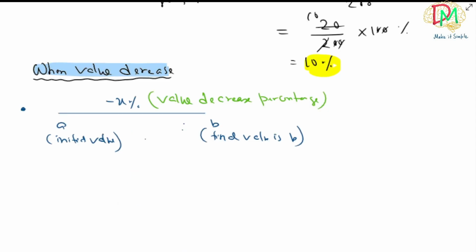Here the value decrease means the final value is less than the initial value, meaning a is greater than b.